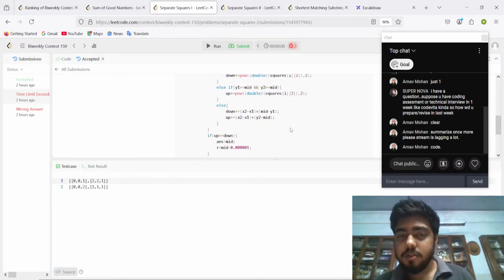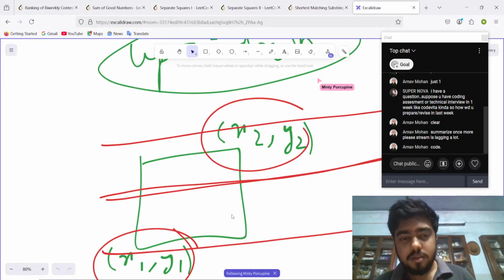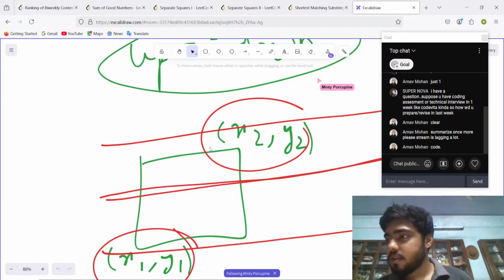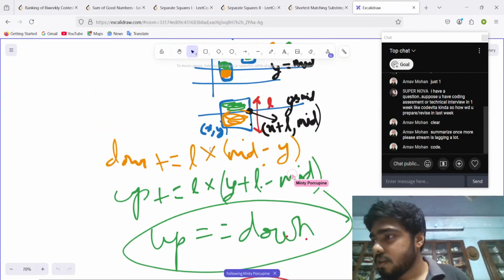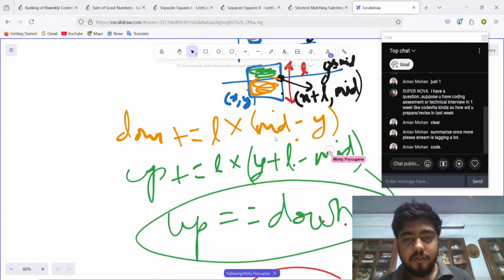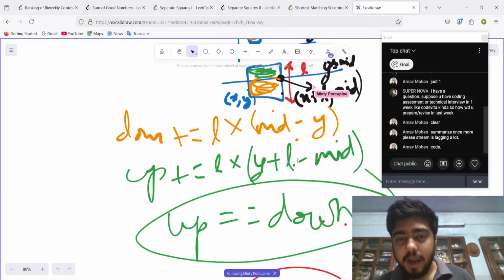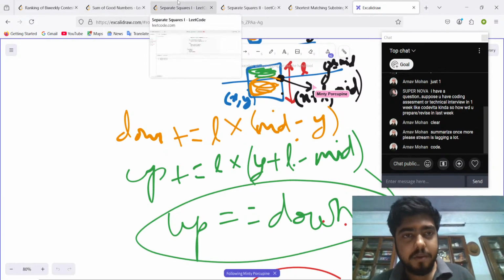And if it is passing between it, one is going to be mid minus y1 and another is going to be y2 minus mid. That is because, if you go through this, we just went through the formula. One is going to be mid minus y and the other is going to be y plus L minus mid, and you know y plus L is basically y2, because we have done it.